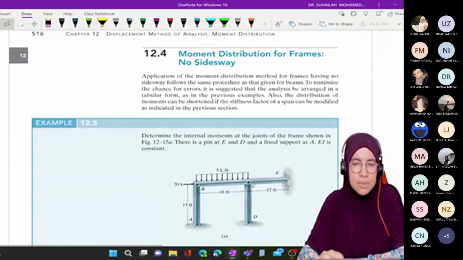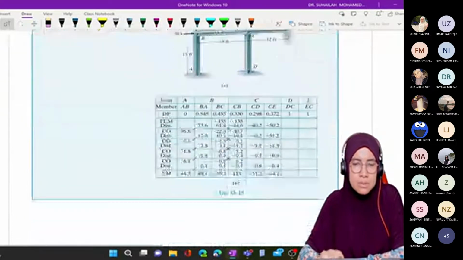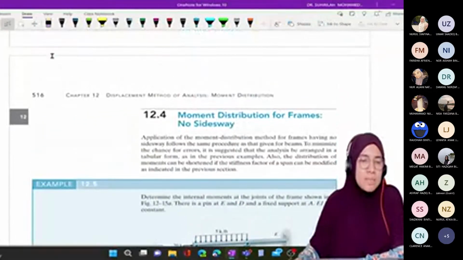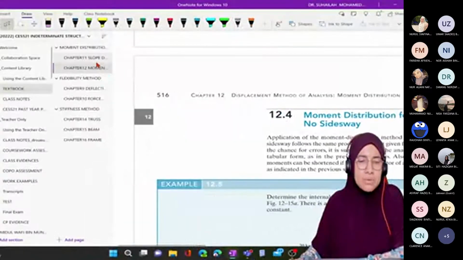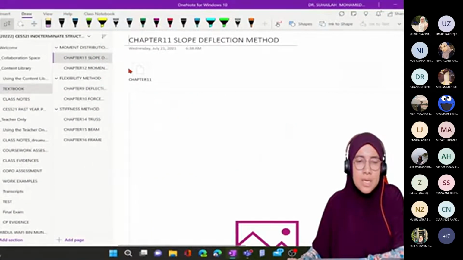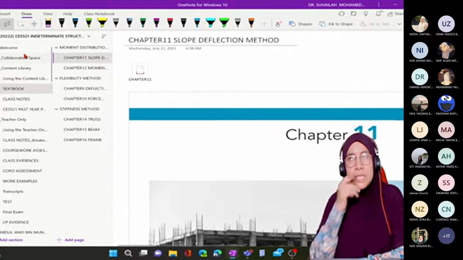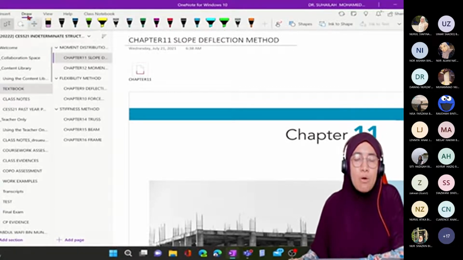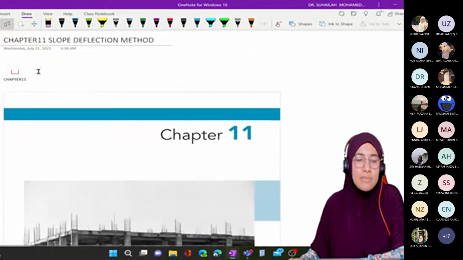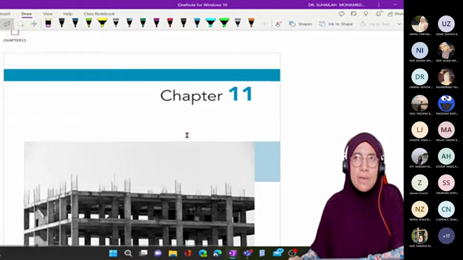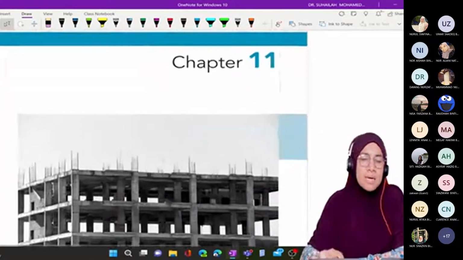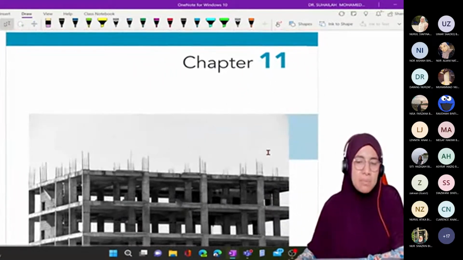Okay, example 2. Okay, doesn't matter. I want to relook at the example in the slope deflection method. Both methods give the same output but different procedure, but the concept of beam and frame has been discussed a lot in this chapter.